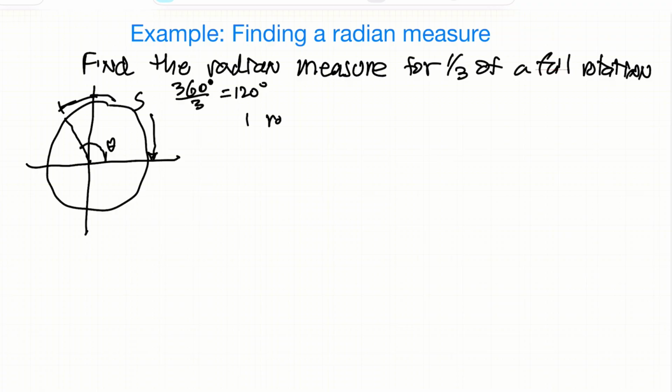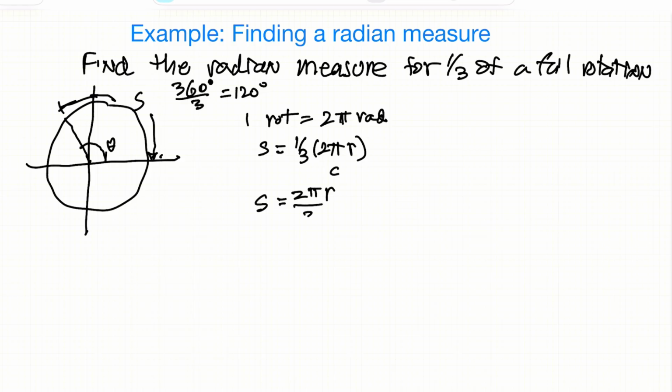So we know one rotation is equal to 2 pi radians. And we know S, that distance, is equal to 1/3 times 2 pi times r, because that's the circumference. 2 pi r is c, the circumference. So S goes 1/3 of the way around. So S is equal to 2 pi r divided by 3.